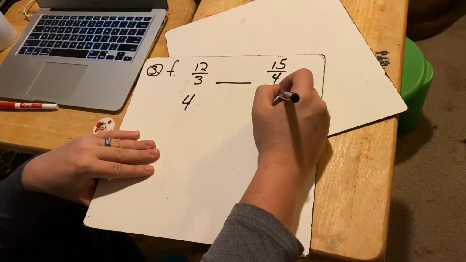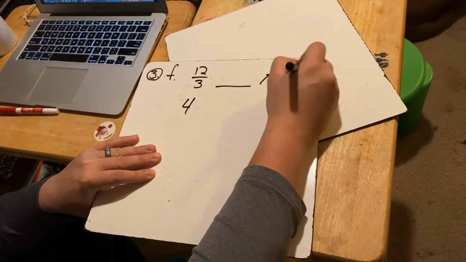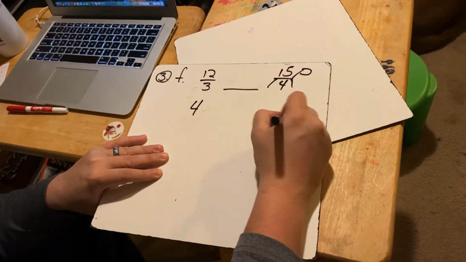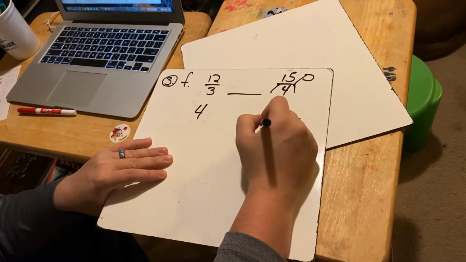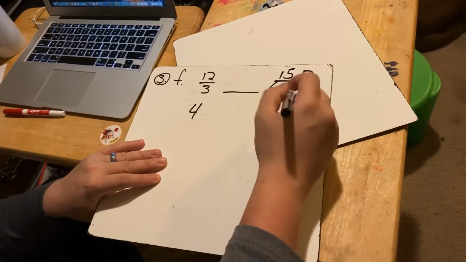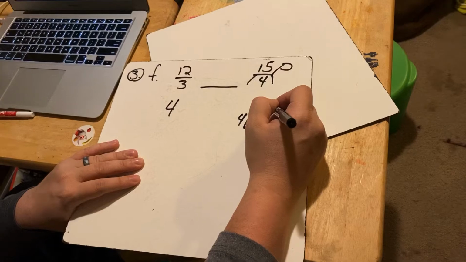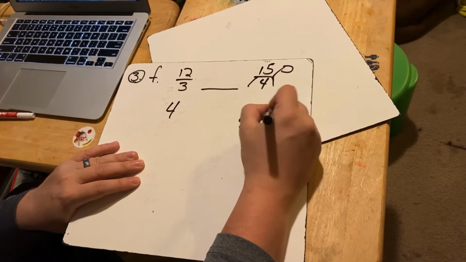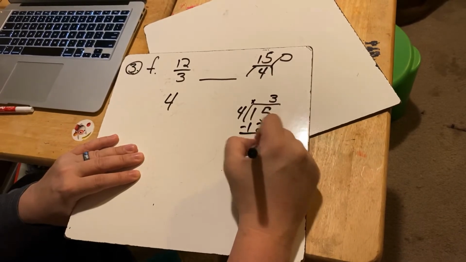What about 15/4? Well, let's just go ahead and do the cowboy method. And I've got 15 divided by 4. And I know 4 will go to 1, but 4 goes into 15. And I've got 4, 8, 12, 16. It's too big. So it's going to be 3 times. 3 times 4 is 12. 15 minus 12 is 3.